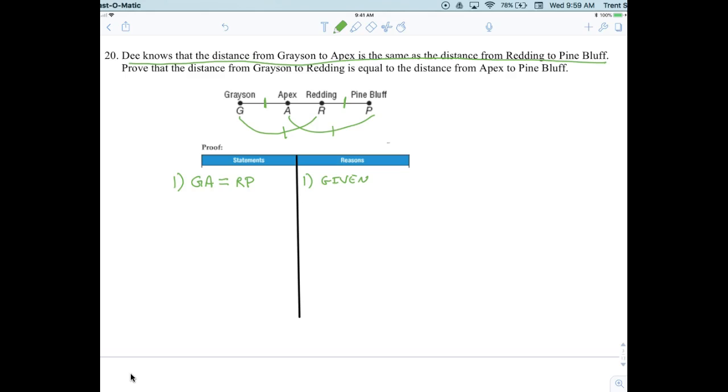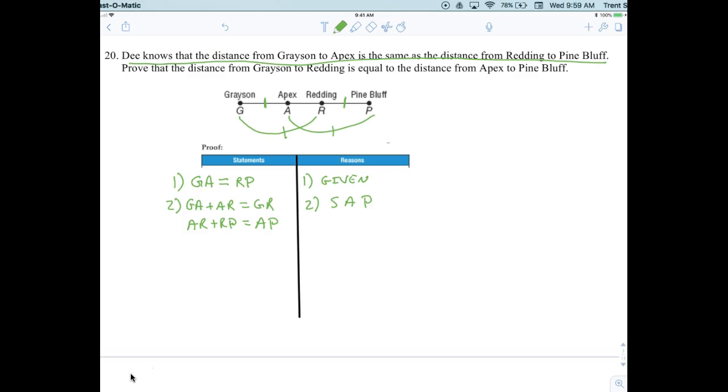Now, if I'm looking at this, the next thing I try to throw in is the segment addition postulate. So I think that we could say for part two that GA plus AR equals GR, and AR plus RP is equal to AP, and that's the segment addition postulate. Is everybody okay with that?